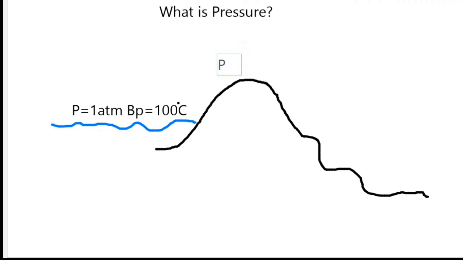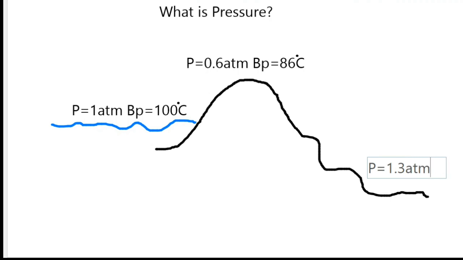But if we increase in elevation, the pressure is going to decrease. It will become, let's say, 0.6 atmospheric pressure, and the boiling point of water here is going to decrease. So it is easier to boil water in high elevation rather than in standard elevation.